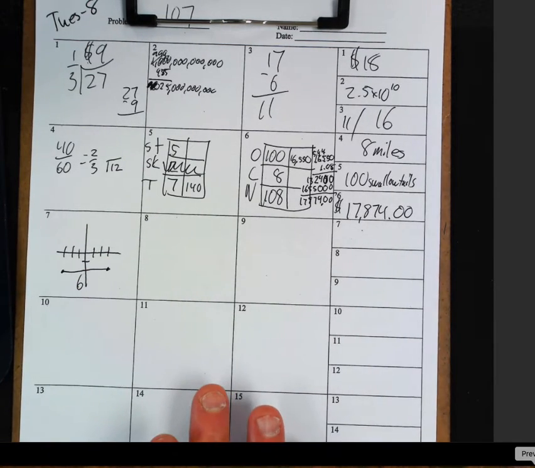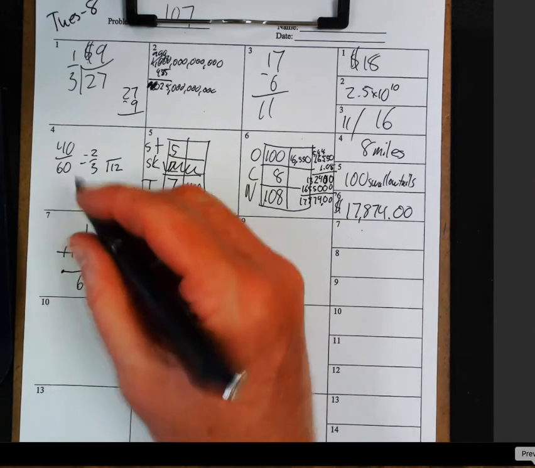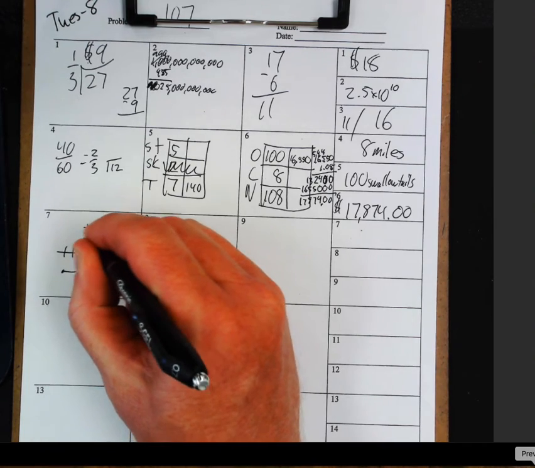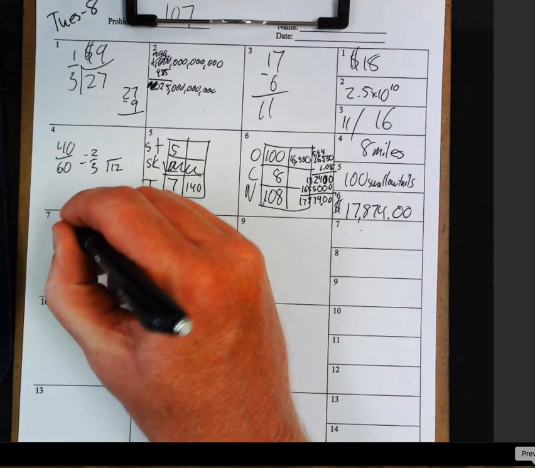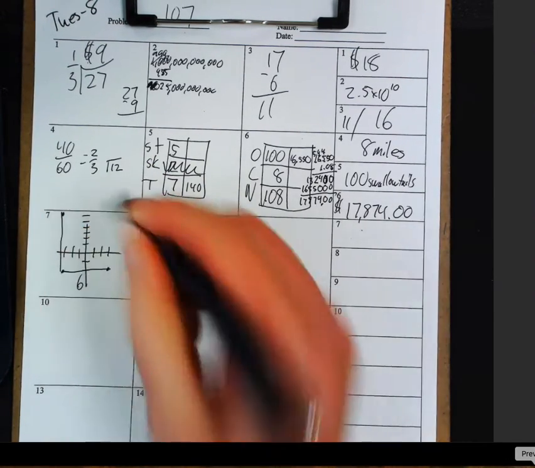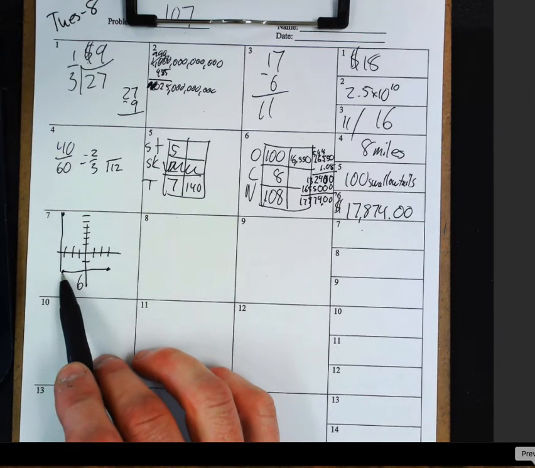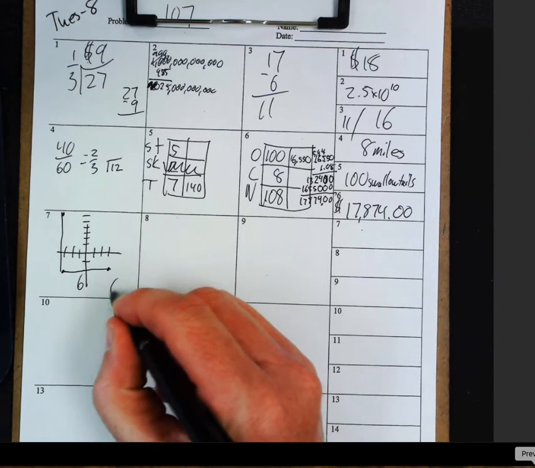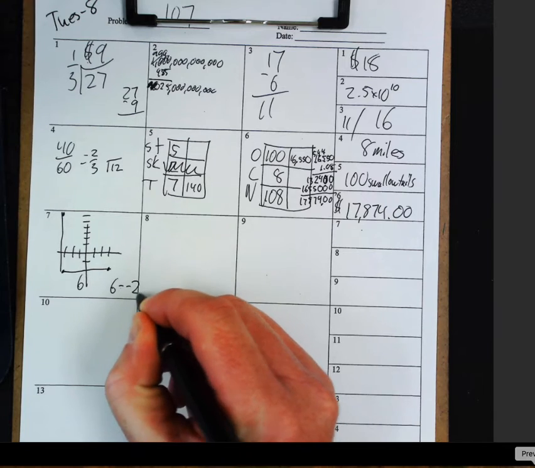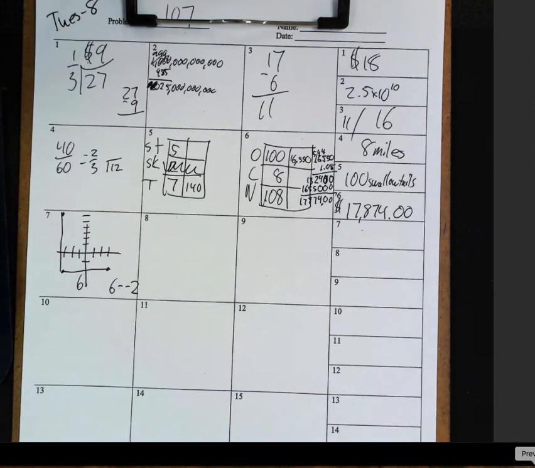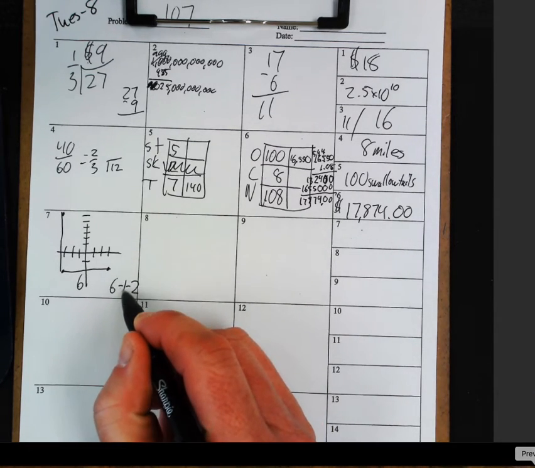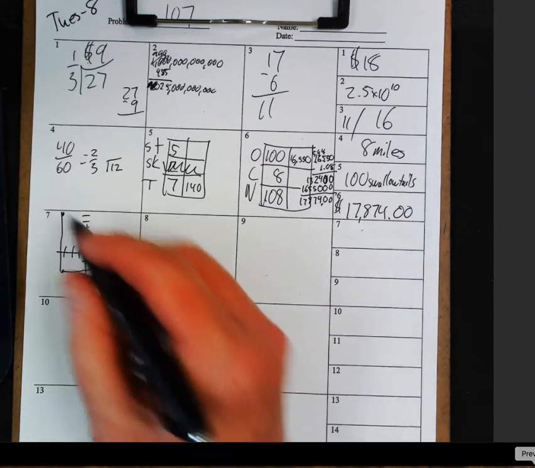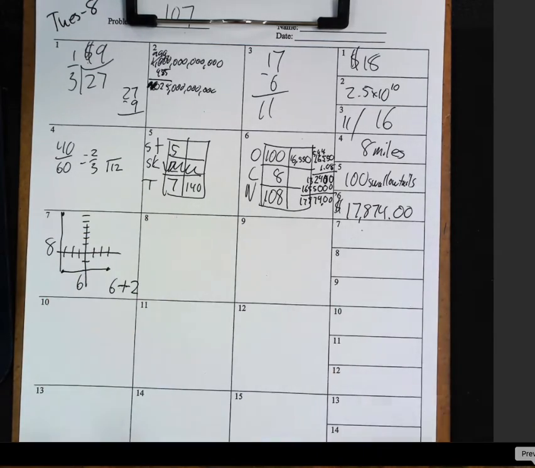My last point is at negative 3 and up to 6. This is from 6 down to negative 2. How would I write that? 6 minus negative 2. 2 negatives make a positive, 6 plus 2, 8.